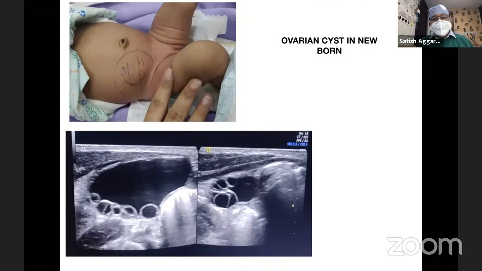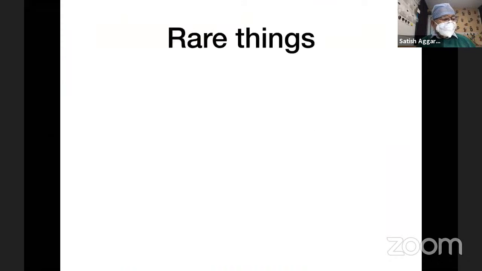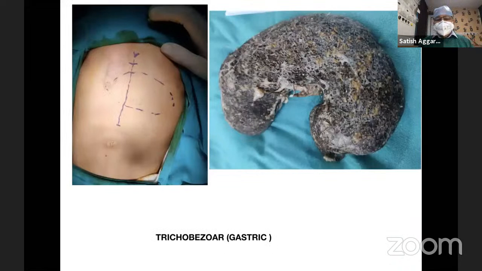Now, I'll take you through, just to create interest, some of the rare things. For example, this 6-year-old girl came with a long-standing epigastric mass. There was no history suggestive of any behavioral disorder, but she had this large trichobezoar within the stomach, taking up the shape of the stomach.